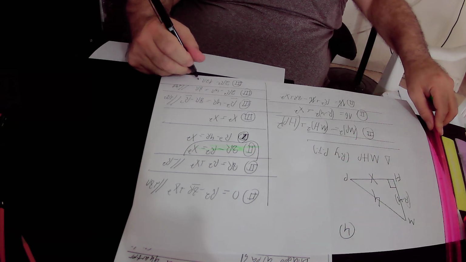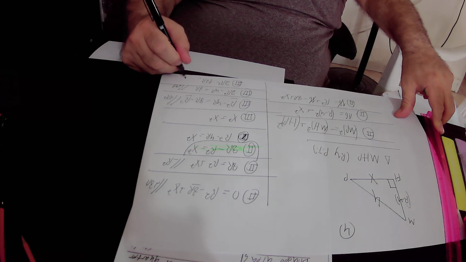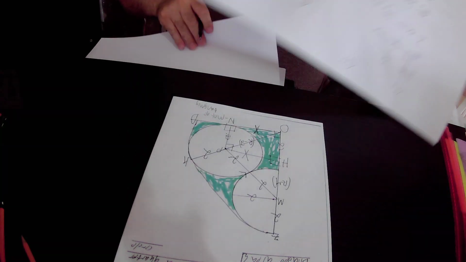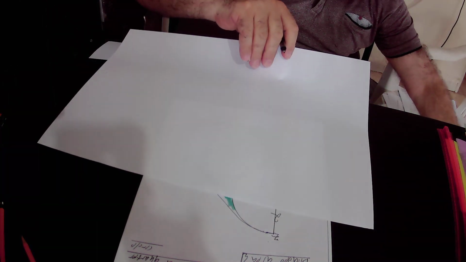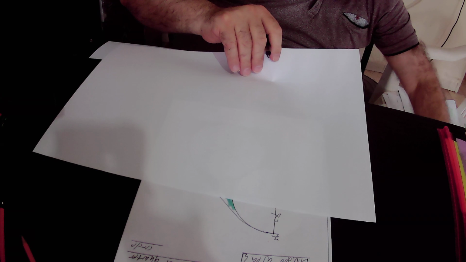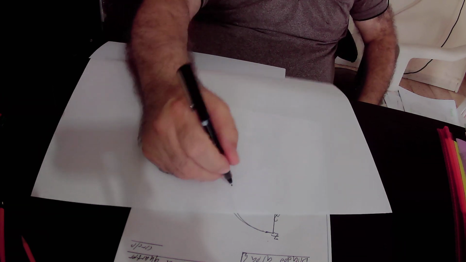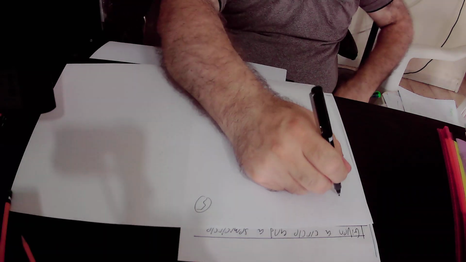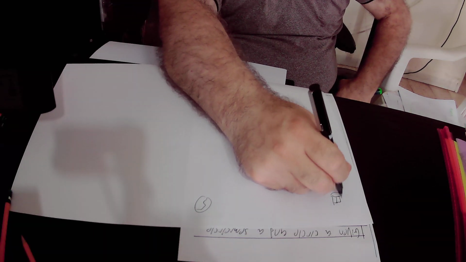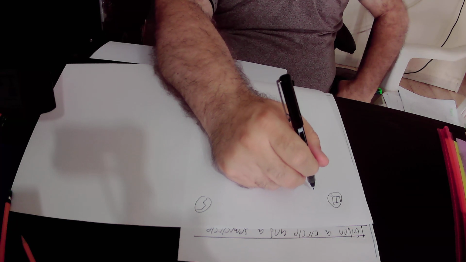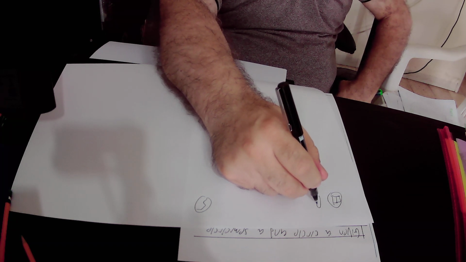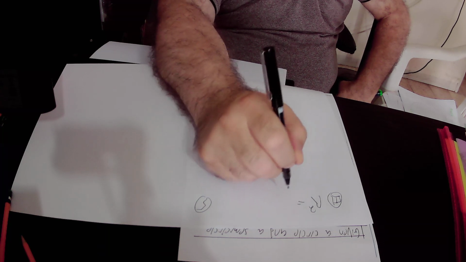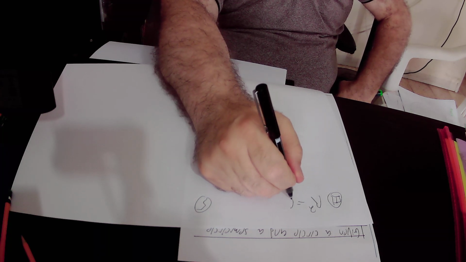So here we divide equation number 3 by 2, and we get that according to equation number 3, 2R squared over 2 is R squared, that is equal to 12R over 2, that is 6R.